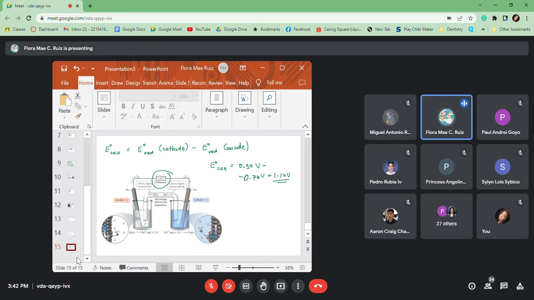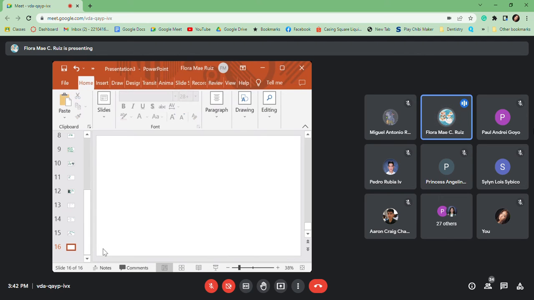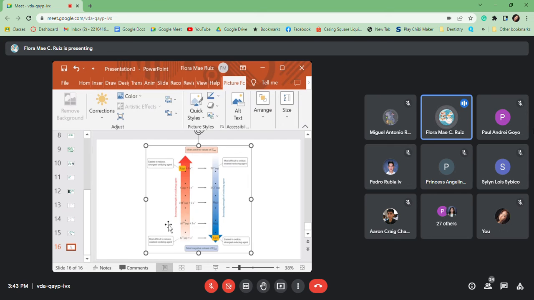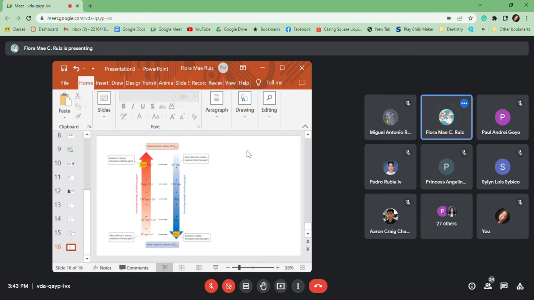And from the cell potential that you get, you will already know some trends. So the more positive the value of your E red, the greater is the tendency for reduction under standard conditions.